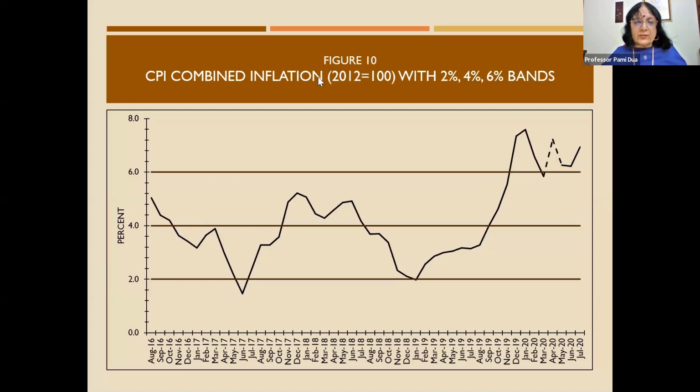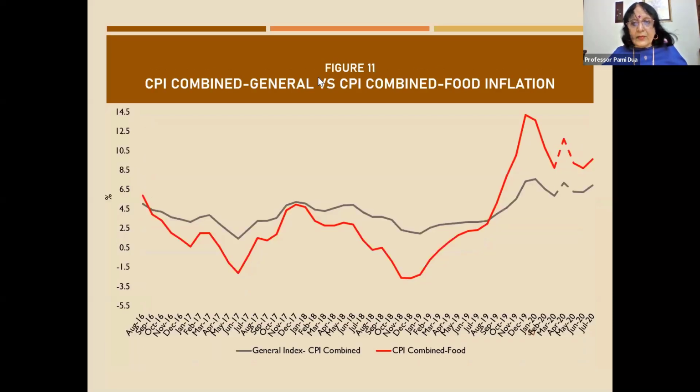So we've had a couple of months when the inflation rate was imputed, so it's not really clear, which is shown by the dotted line here, whether we have the correct inflation rates. But yes, they have been high, and that is part of the shock that we are experiencing the world over.